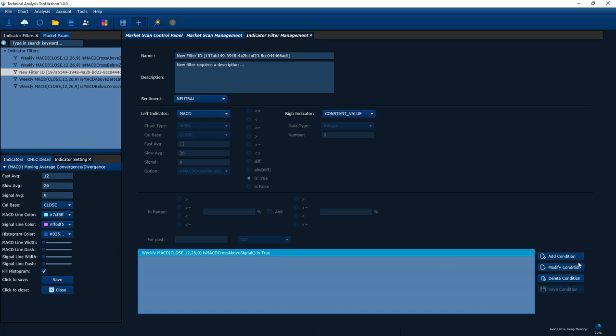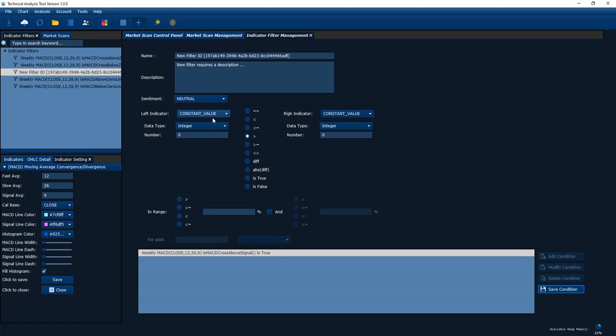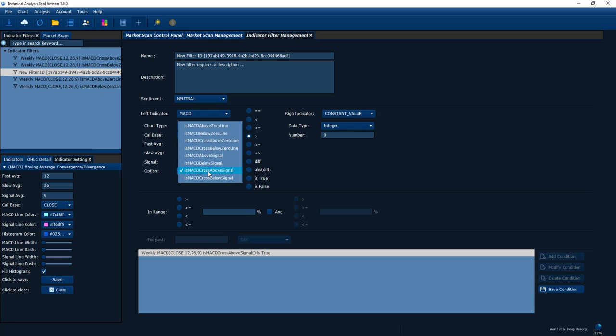Usually you can combine another condition. If this happens below the zero line, you can take a look at this share. What I mean is we add one more condition here. Not only does it cross above the signal line, I want this crossover above the signal line to happen below the zero, so it's actually below the zero line.